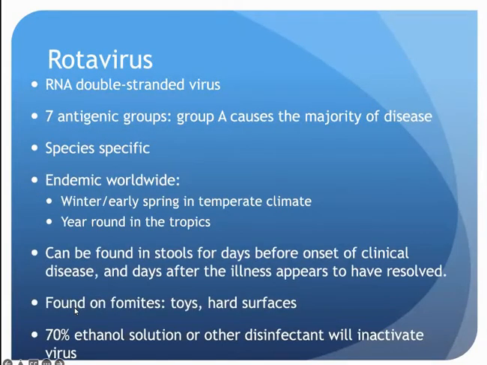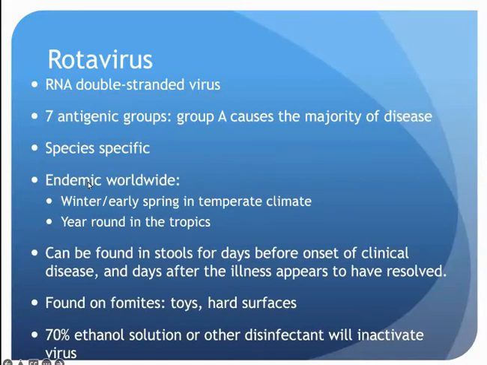So let's talk about rotavirus, because this causes the majority of vaccine preventable diarrheal disease. It's a double-stranded virus, and there are 7 different antigenic groups, with group A causing the majority of disease. And it is species-specific, so we see it obviously in humans, but cats and dogs and cows will also get rotavirus infection.